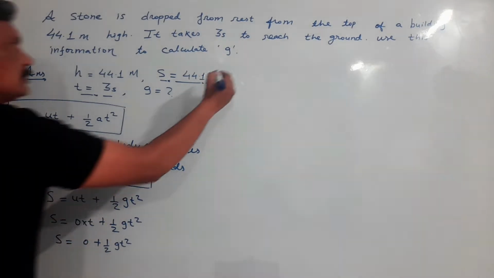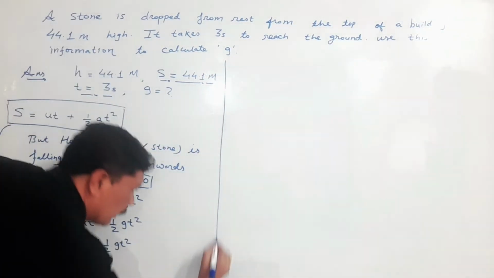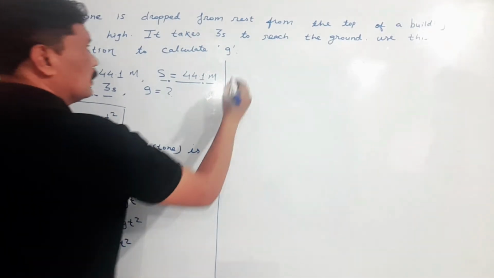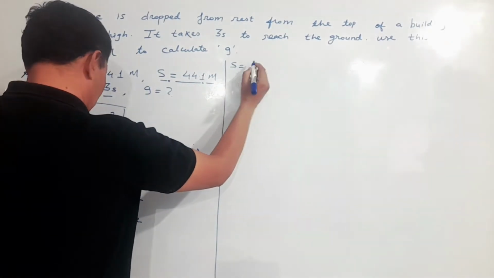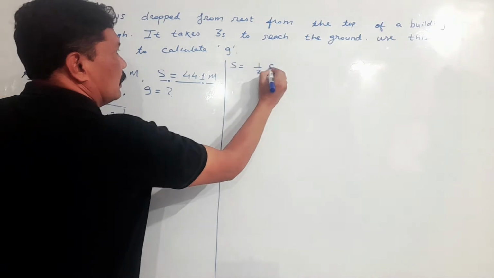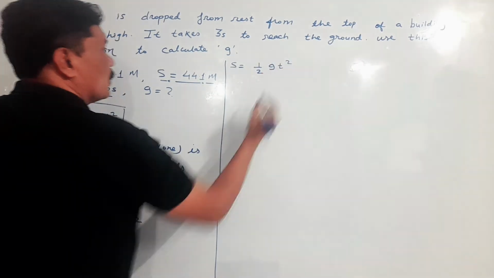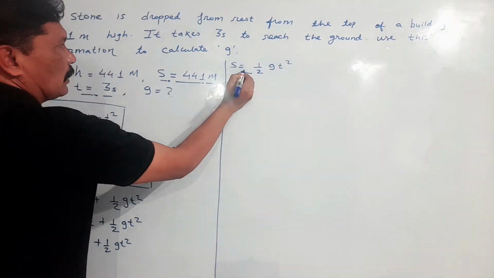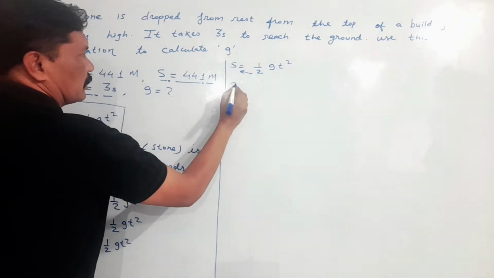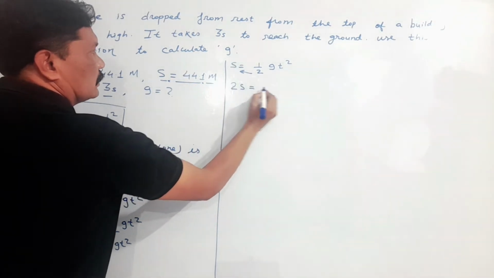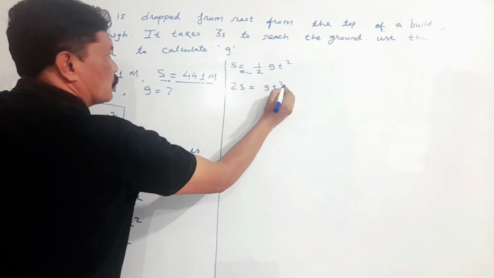So my dear student, here we have got an equation which is S is equal to half g t square. My dear student, we will take 2 to the other side of the equation. This will become twice S is equal to g t square.